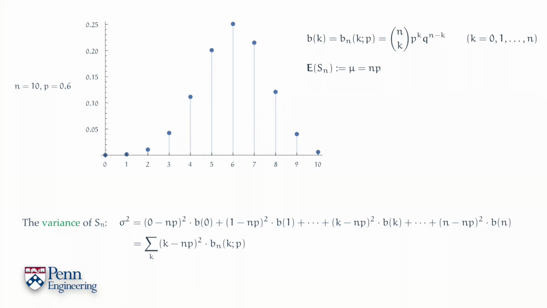Putting in place a summation notation says, allow k to run over all possibilities, in this case over all the integers from 0 through n, and for each such value of k, take the squared distance from np, k minus np the whole squared, weight it according to the probability of observing k successes, and add. And now we have a mathematical, precise, clean concept of the idea of spread around the center.